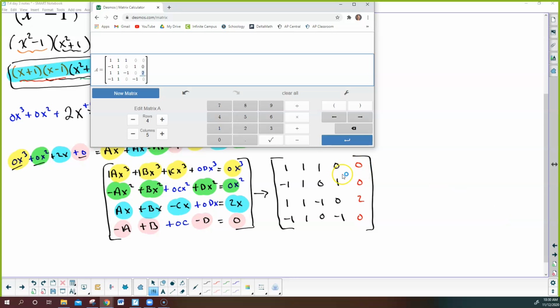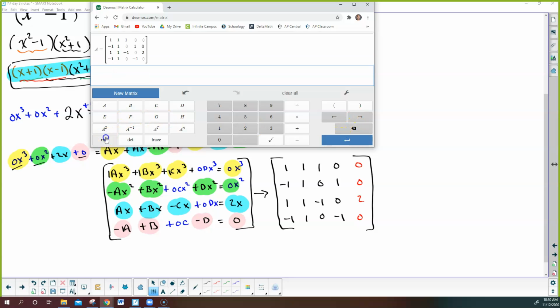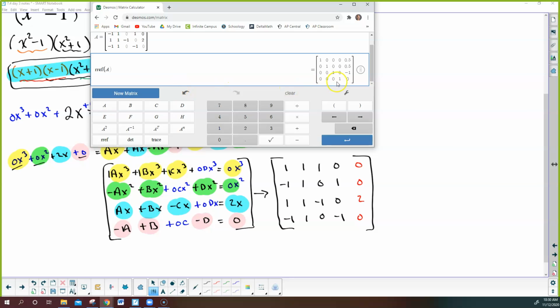And I always just double check that I typed everything in correctly. That looks good. And then we're going to do reduced row echelon form.